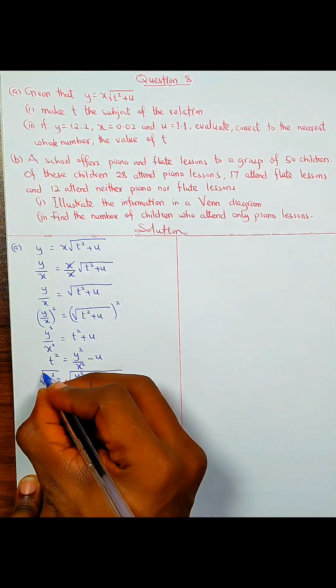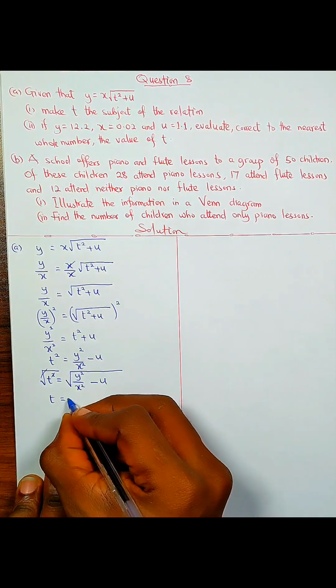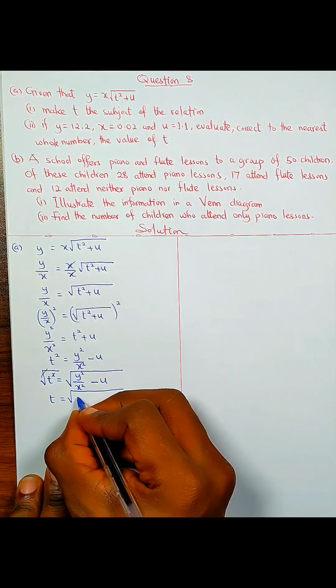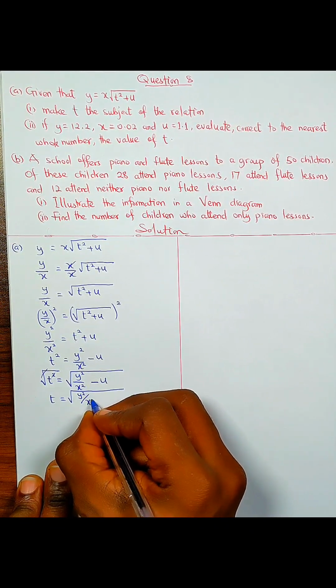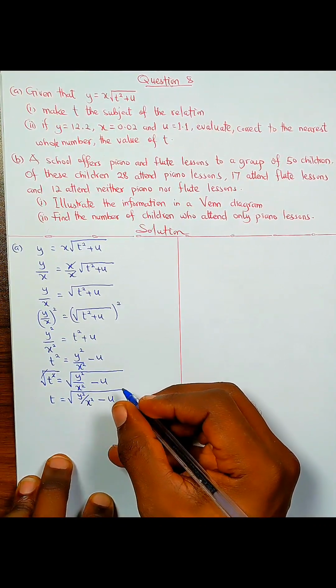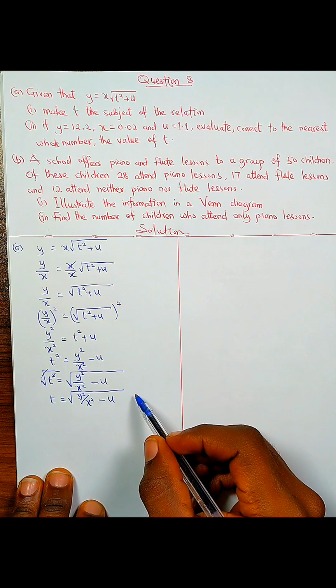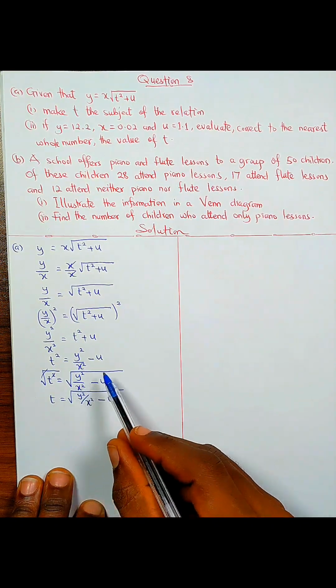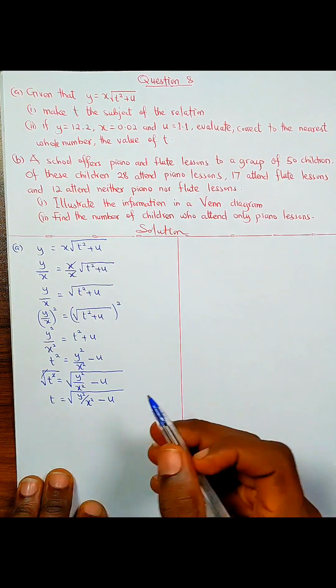The square root and the square cancel out. So we have t is equal to square root of y squared over x squared minus u. So that is the first part. We've made t the subject. You could either choose to simplify the whole thing, or so far as t is on the left hand side, you've made it the subject.